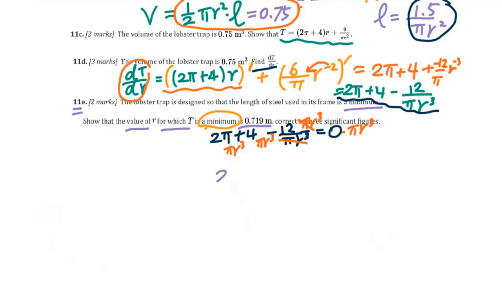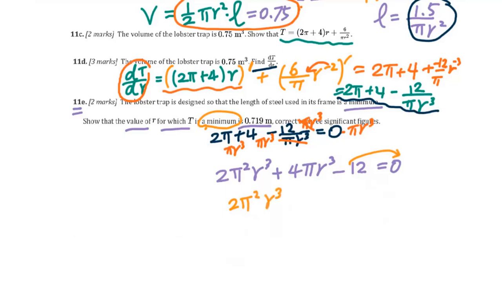So you will get the 2 pi squared r to the third power plus 4 pi r to the third power minus 12 equal to 0. This is a power form equation, so I add 12 for both sides. You will get the 2 pi squared r to the third power plus 4 pi r to the third power equals 12.